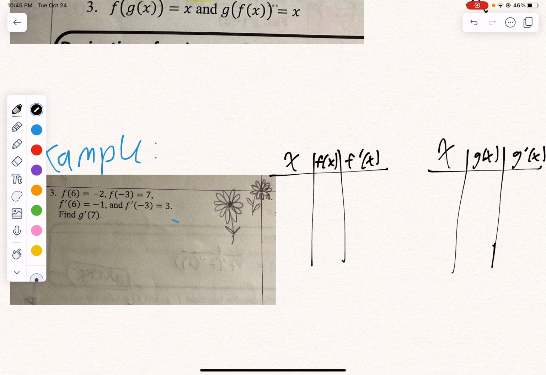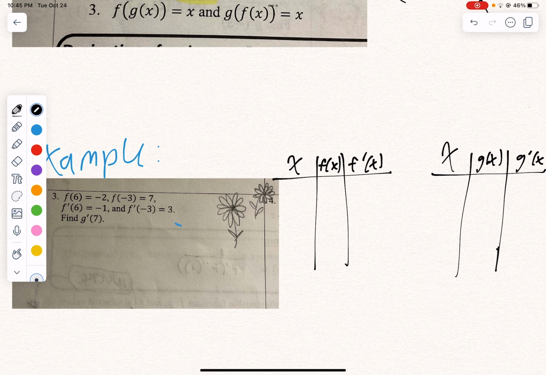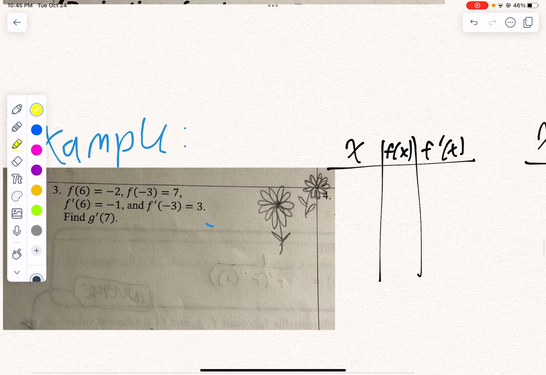Alright, so of course our question here says f of 6 equals negative 2, f of negative 3 equals 7, f prime 6 equals negative 1, and f prime of negative 3 equals 3. Find g prime 7. So that might have been a little confusing, but let's take it one little chunk at a time. So we have f of 6 equals negative 2.